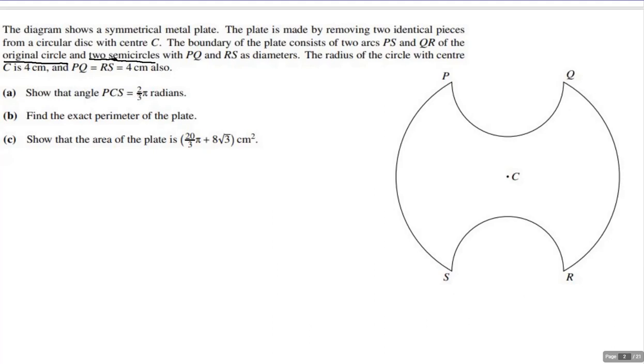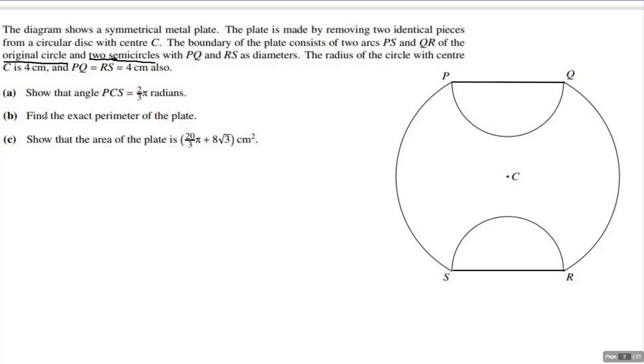So what happens is, let me see if I can do this. If I go from here to here, and here to here, these represent diameters. And they tell us that the diameters are a certain length.